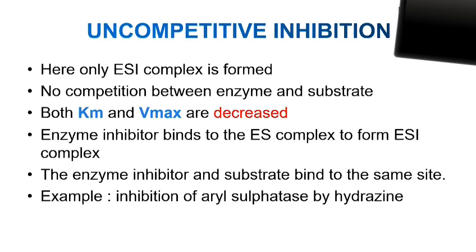Obviously there's no competition between enzyme and substrate. The inhibitor binds to the enzyme substrate complex, resulting in the enzyme substrate inhibitor complex. Here, both Km and Vmax are decreased. The example for this is hydrazine, which inhibits aryl sulfatase.